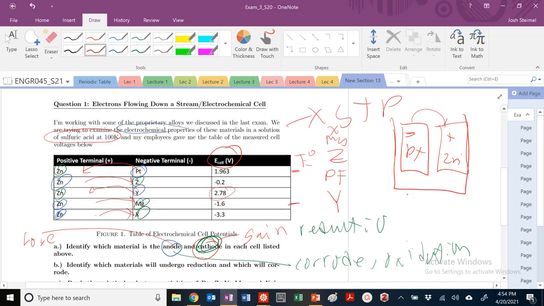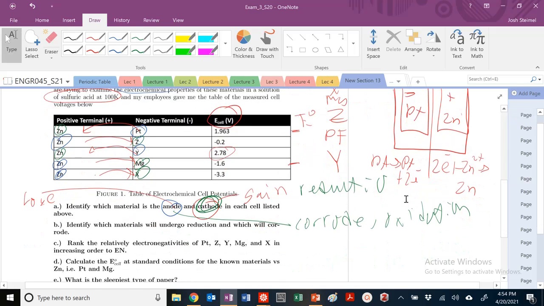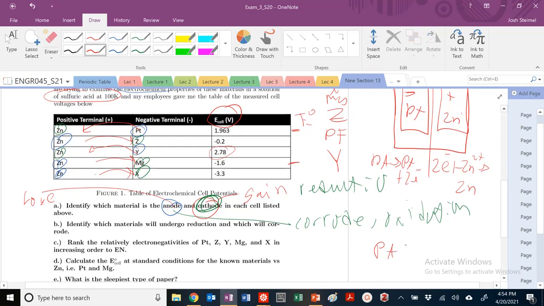The reaction on this side of the cell should be 2e- plus Zn2+ goes to Zn. And here it should be Pt goes to Pt2+ plus 2 electrons. So my full cell reaction would be Pt plus Zn2+ goes to Pt2+ plus Zn.